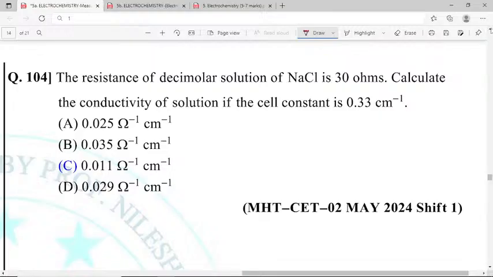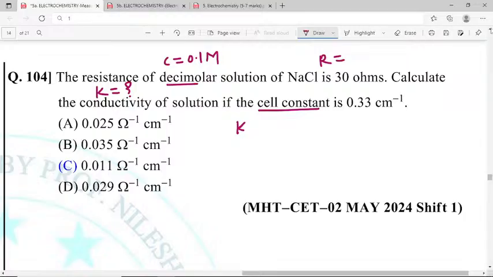The resistance of decimolar, that is 0.1 molar, is given in ohm. Resistance R is given. Calculate the conductivity K. Cell constant is given. So conductivity is equal to cell constant divided by resistance.